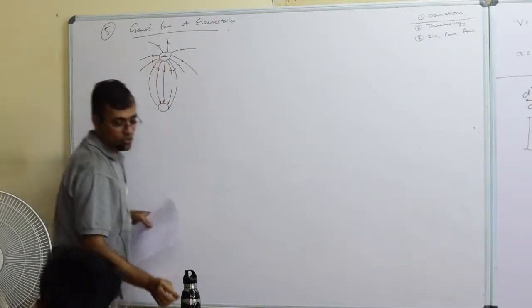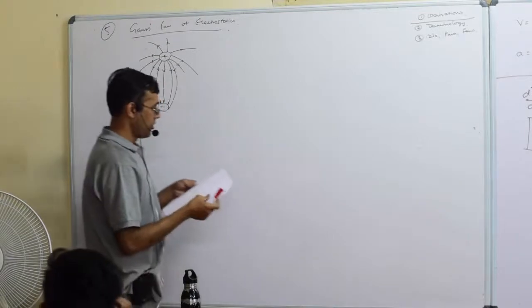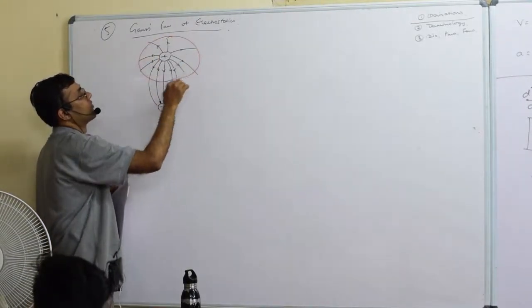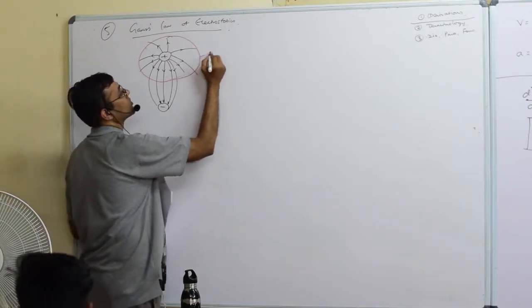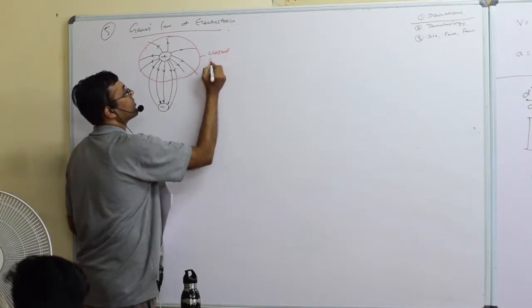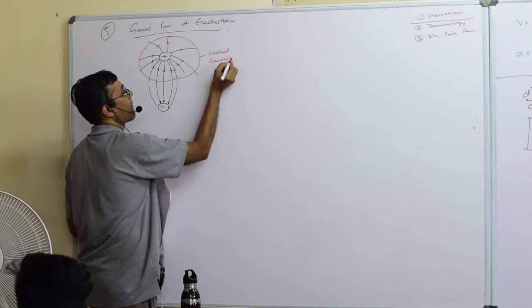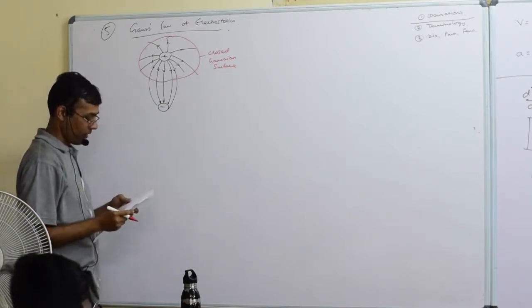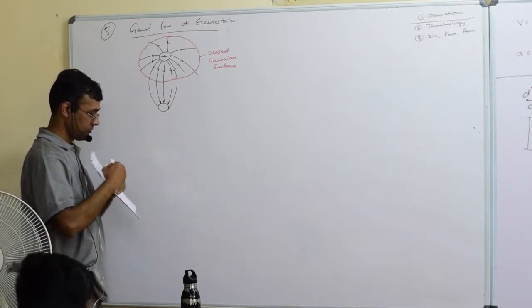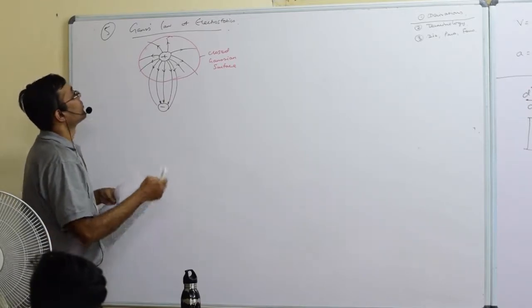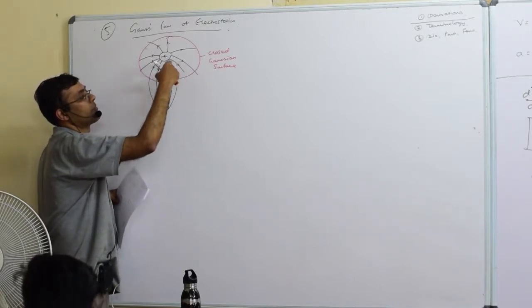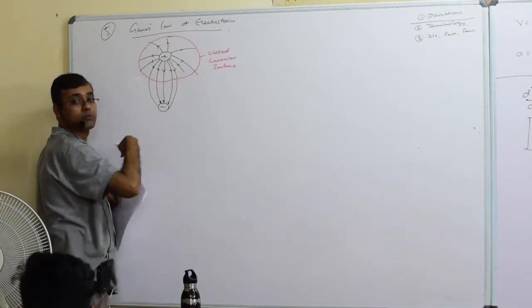If I take a closed Gaussian surface, so let's assume something like a sphere around here. So that's my closed Gaussian surface. So everywhere in this Gaussian surface, the electric field lines are, is it coming in or coming out?